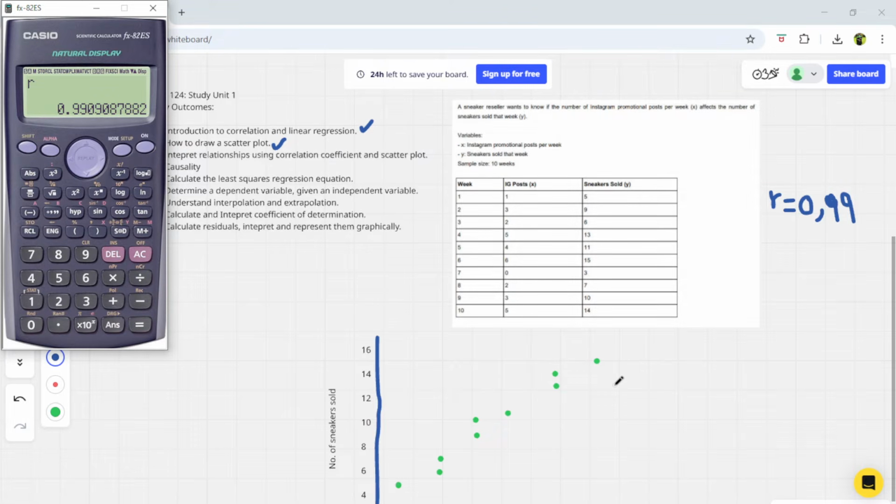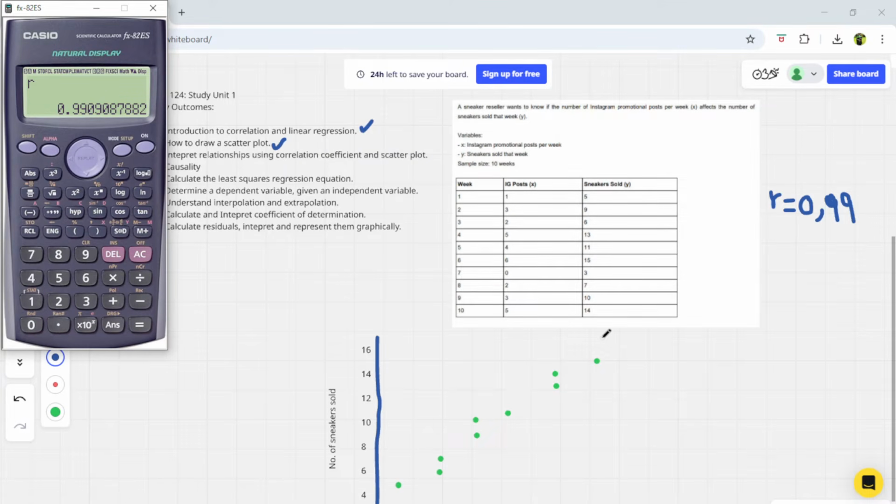Ne? Right. So the reason why I'm saying do not round it off to 1 is because if you round it off to 1, it means it's a perfect linear relationship. A perfect linear relationship basically means that all the points are on a straight line. And you can see that if you can draw a line here, some points will be closer to that line, but won't be exactly on that line. So basically, that is why we cannot round it off to 1. Ne?